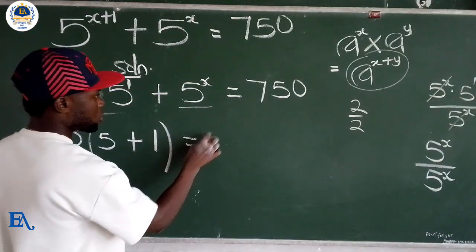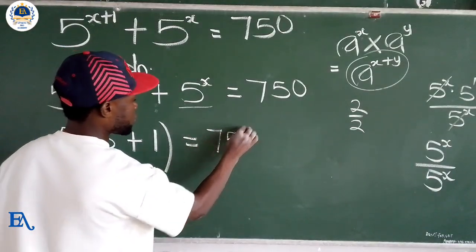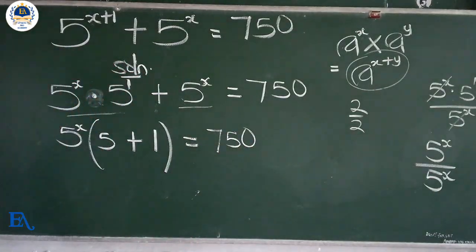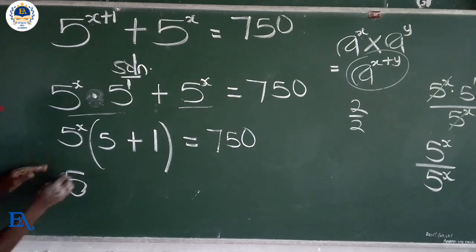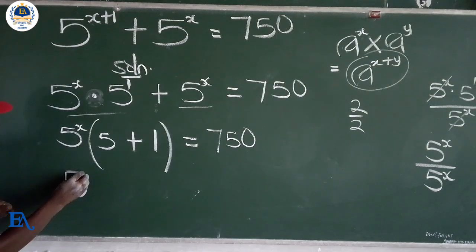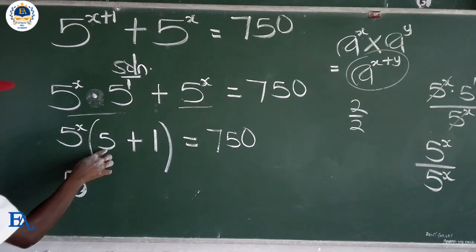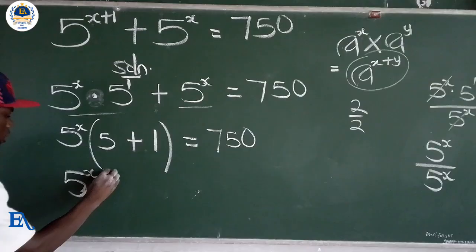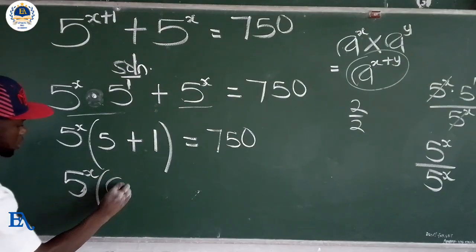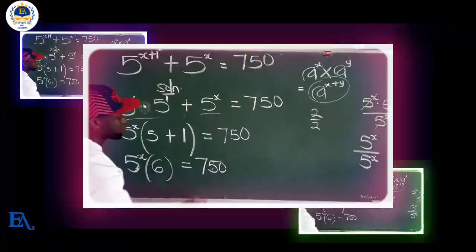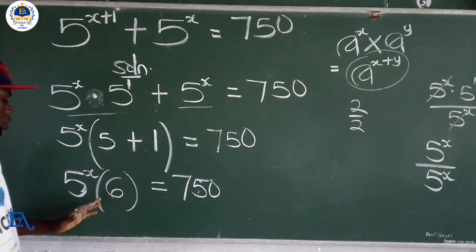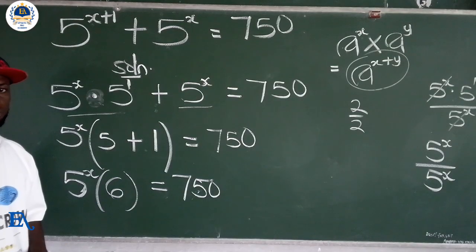Then this equals the right, 750. Next, 5 plus 1 gives 6. This is equal to 750. If you understood stage 2, let's proceed.